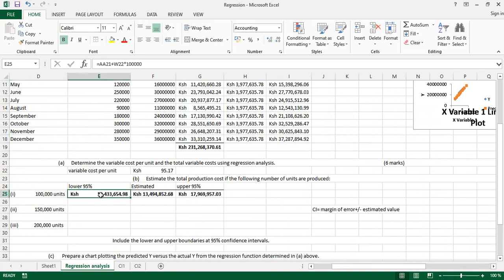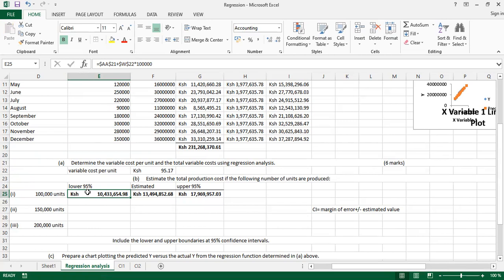I'll do this way, Control C. I forgot to lock, so I can just come in here. I lock here, I also lock this one. I do Control Enter first so that I just have to change the value.